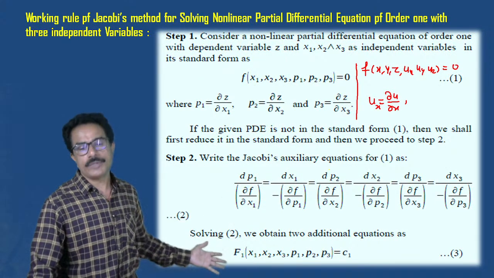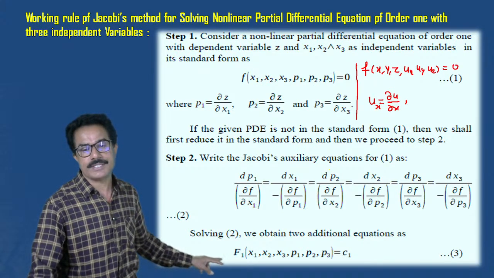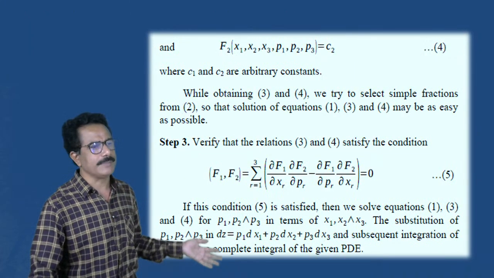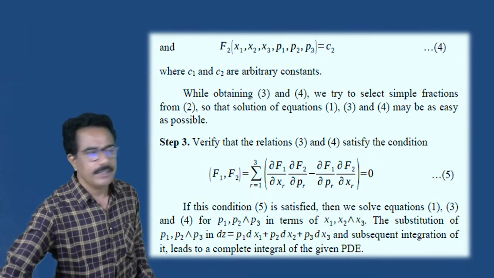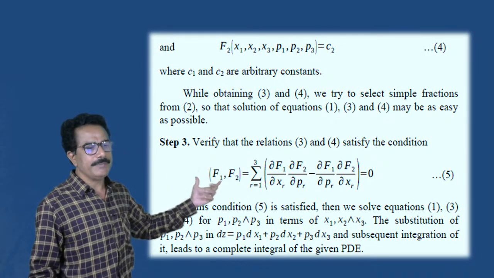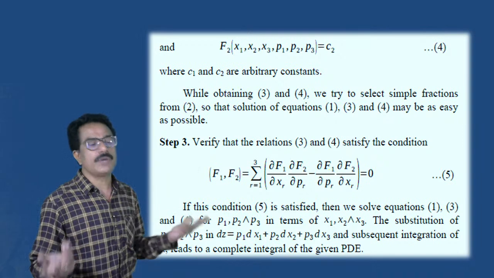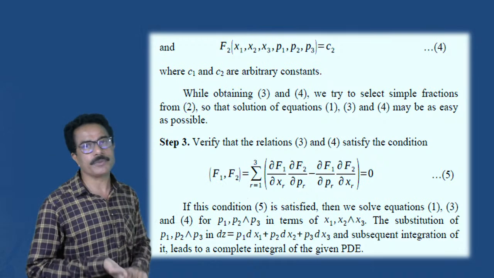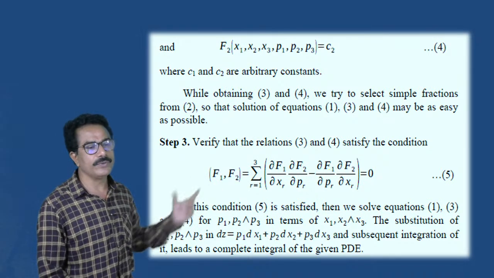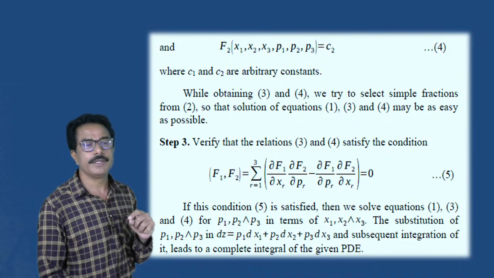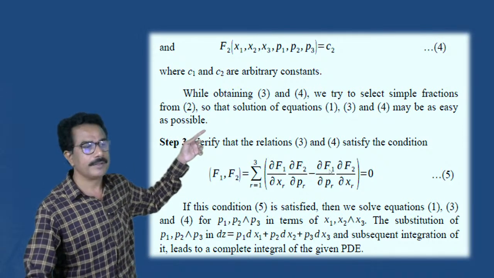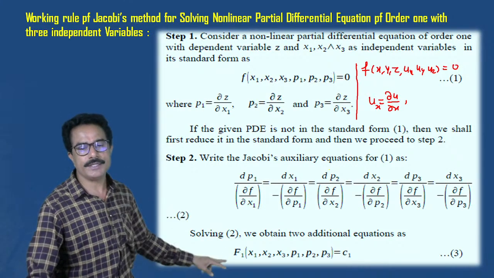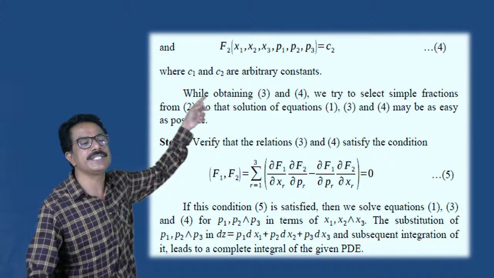So we have to take the additional functions, additional equations, f1 of x1, x2, or you can take h1. These are the additional functions, and in step 3 verify that the Jacobi bracket of f1, f2 is not equal to 0 by using this. But we will not use this method, just remember the solution process. The bracket of f1, f2 must be 0, then there exists a solution for f1, f2, small f1, capital F1, F2, or we can write this as h1, h2.